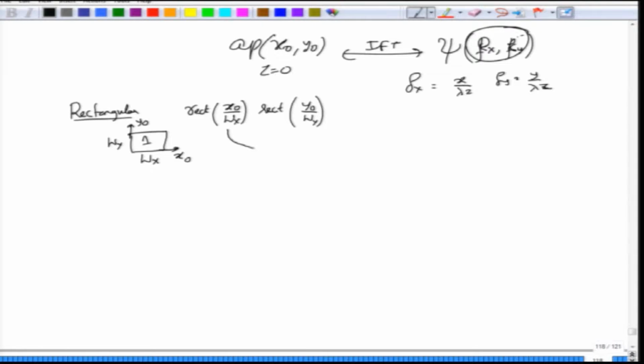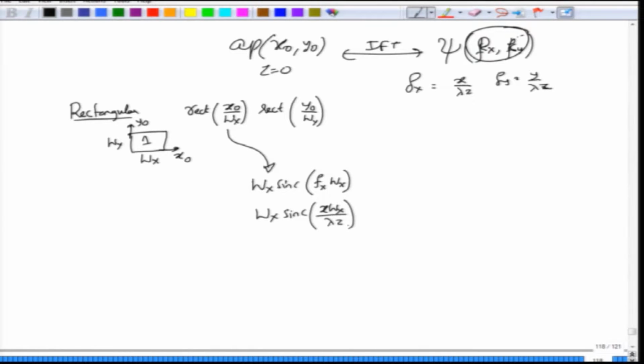And knowing very well from your classes on signal systems or Fourier transforms, this rectangular function in one of the variables will actually turn out to be a sinc pulse in the complementary variable, right. So, the expression would be w x sinc of f x w x, right, and you know what f x is? f x is x by lambda z. So, therefore, for the x part this would be w x sinc of x w x by lambda z.